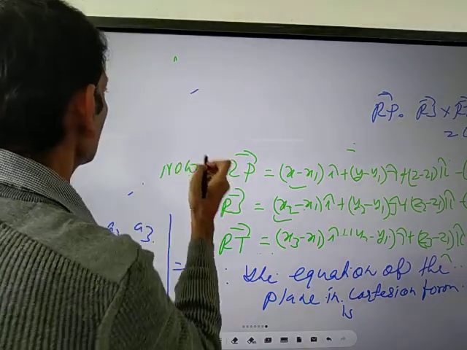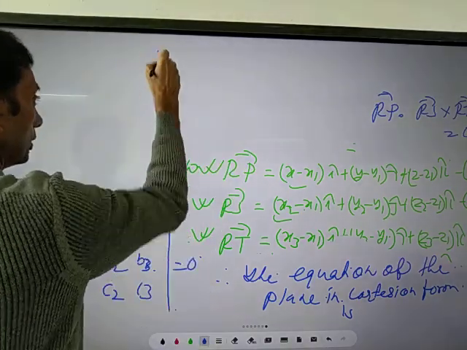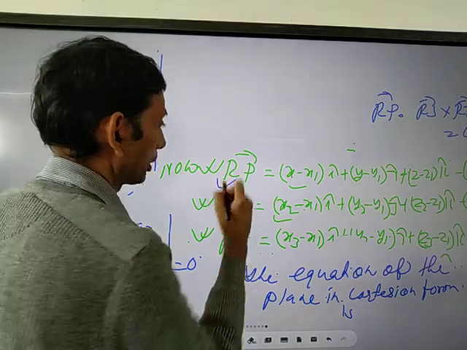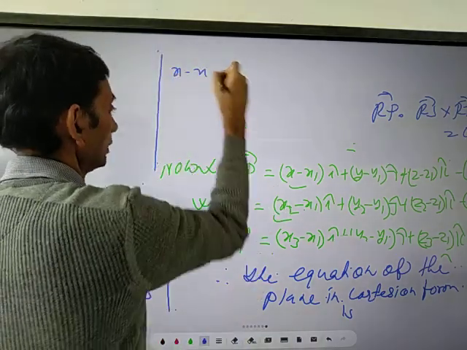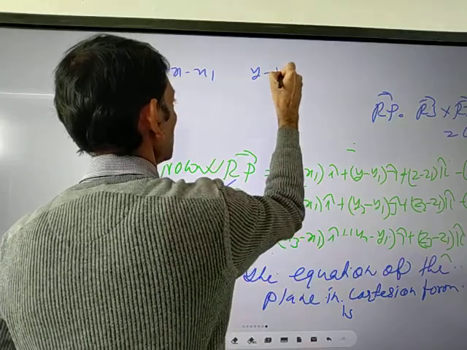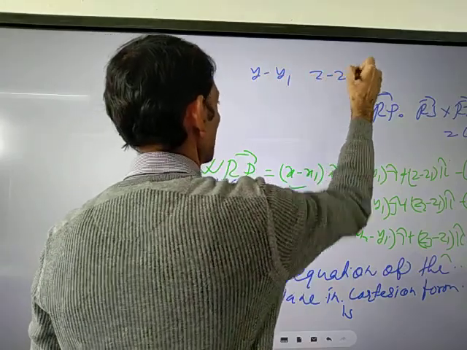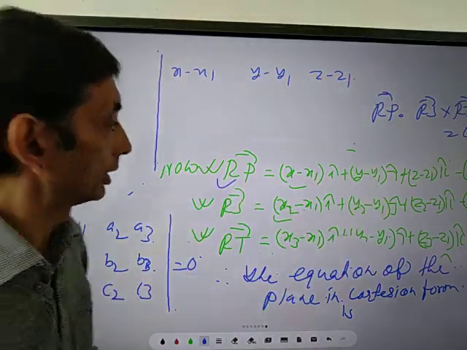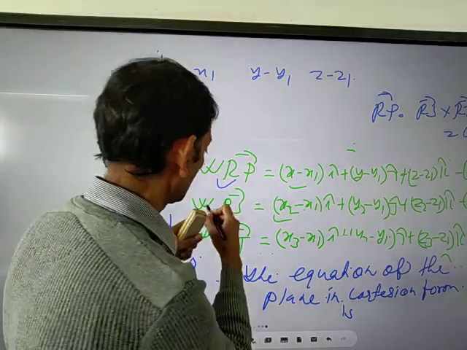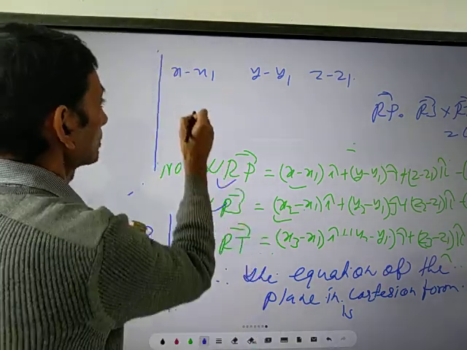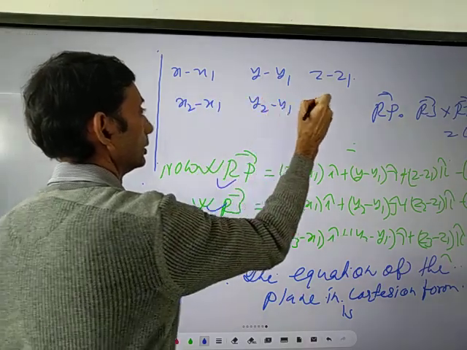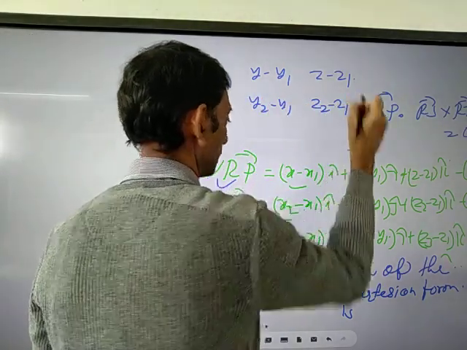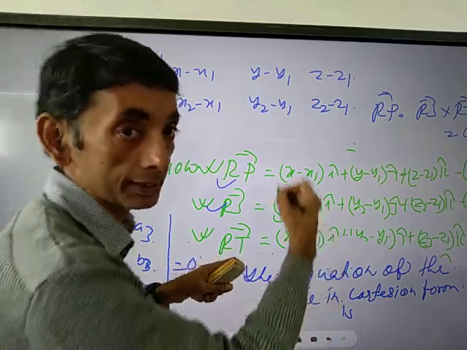So if we express it in determinant form, the first vector is RP. What are the scalar components? That is x minus x1, y minus y1, and z minus z1. These are the scalar components. Then RS, the second vector, that is x2 minus x1, y2 minus y1, z2 minus z1. And similarly RT is the last vector.